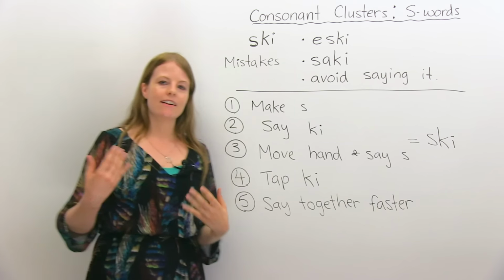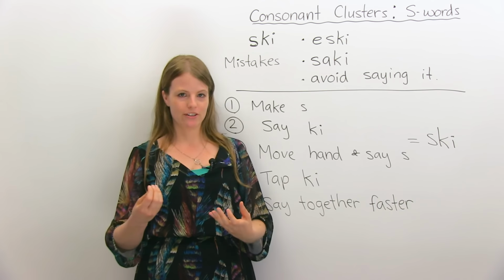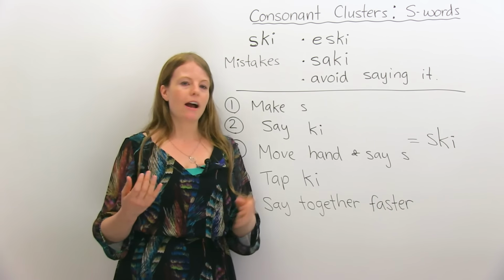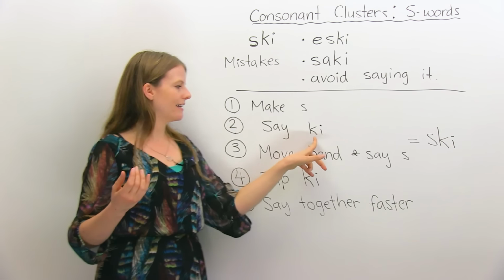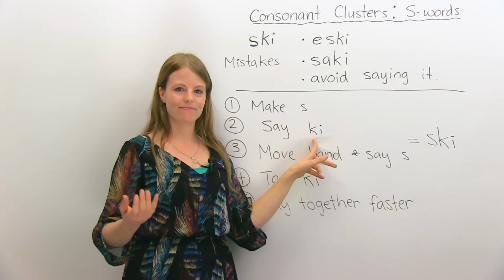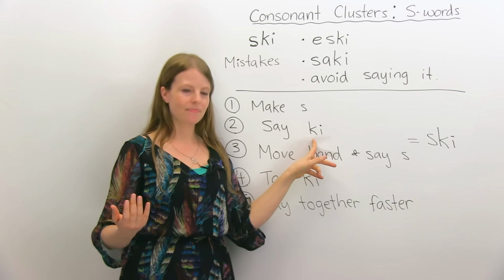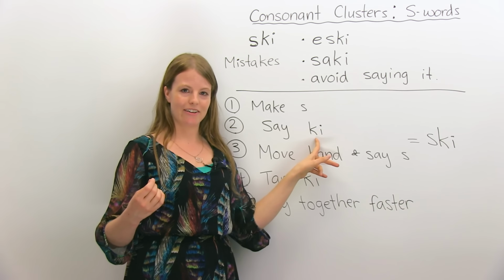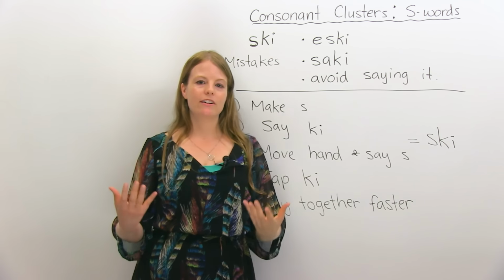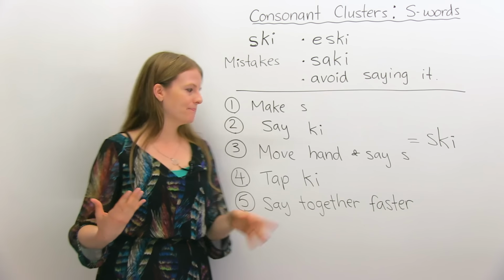S. S. And once you have that S sound, which is very important, then I want you to practice the second part of this word, the K and the I together, which is ki. Ki. So say ki. Ki. So now we've done the S sound and the ki sound. So now what we're going to do is we're going to practice putting it together, which is the hardest part.